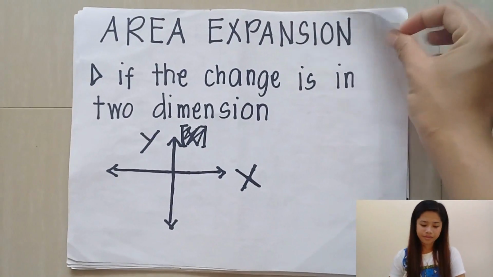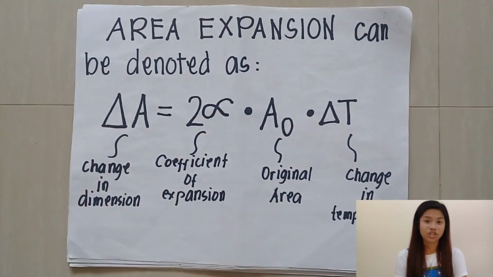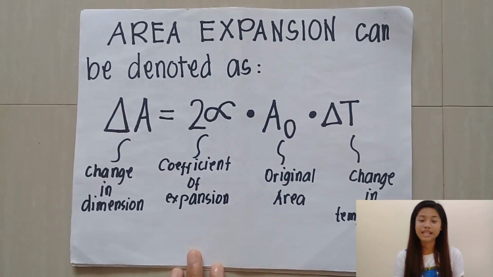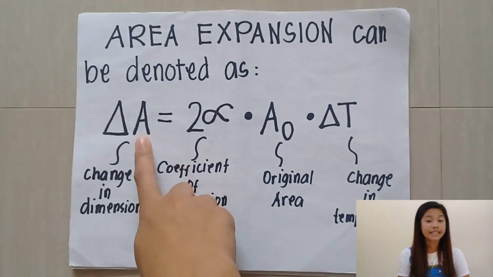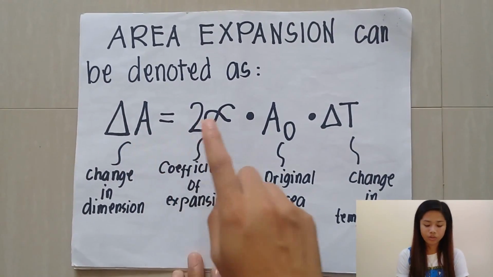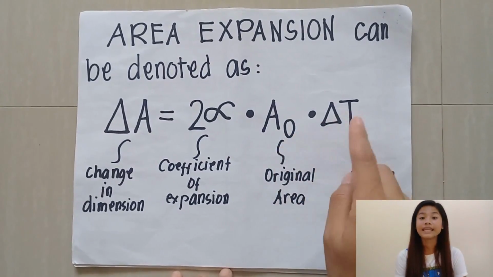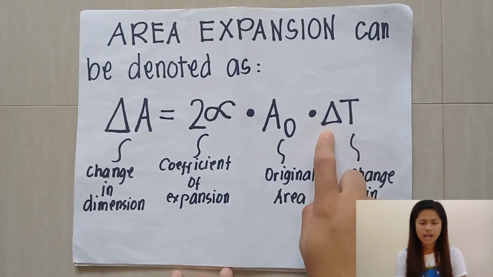Well, area expansion can mathematically be denoted as ΔA = 2α·A₀·ΔT.